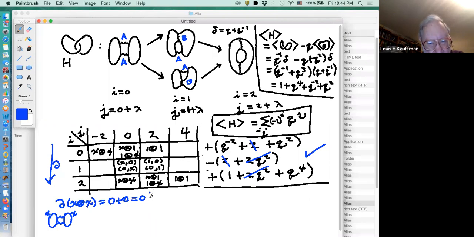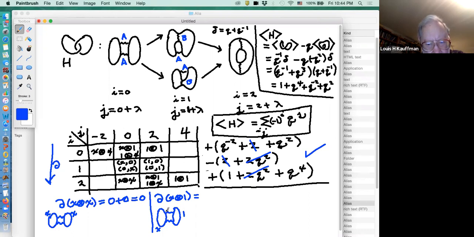Now, what about the next one? What is the boundary of x tensor 1 and 1 tensor x? Well, now I'm going to be using our work, because let's look at the boundary of each of those. The boundary of x tensor 1 means this one is labeled x and this one is labeled 1.